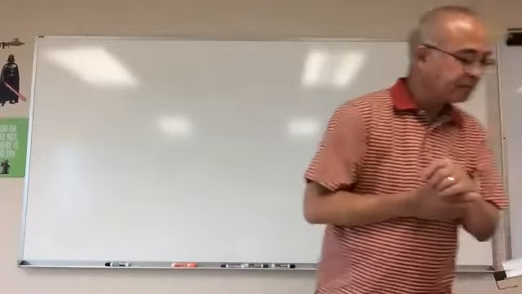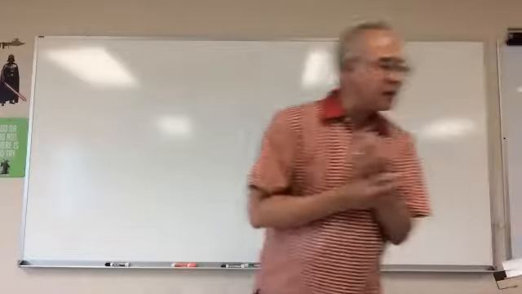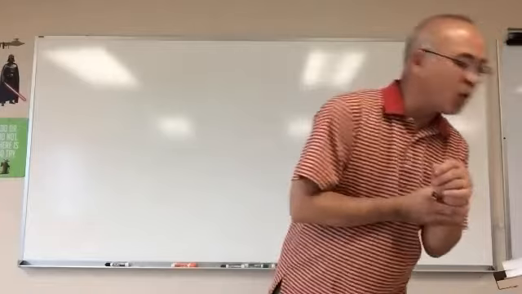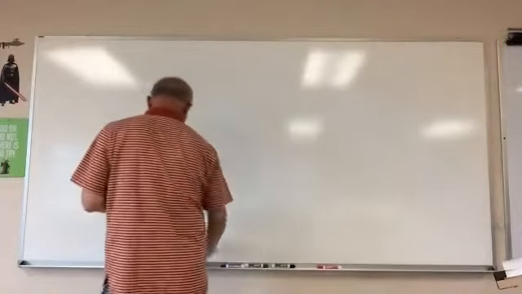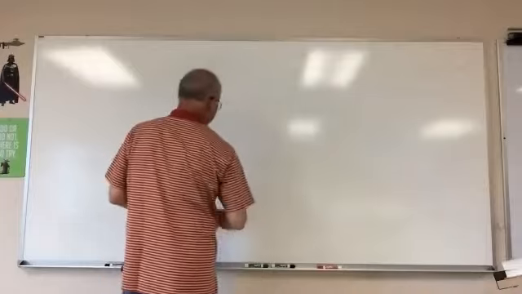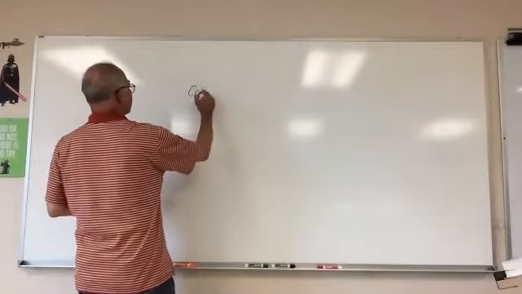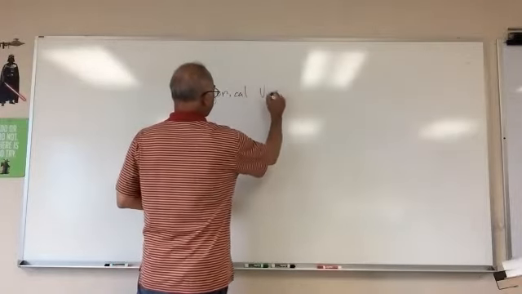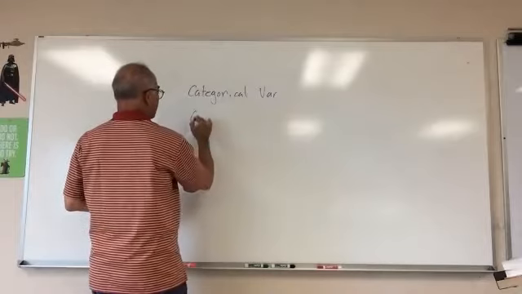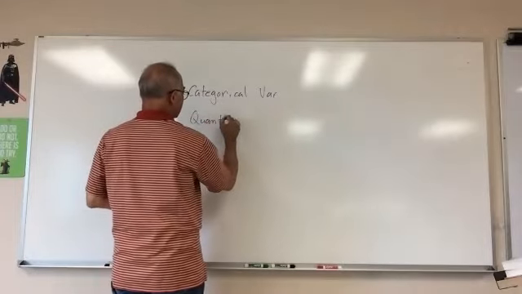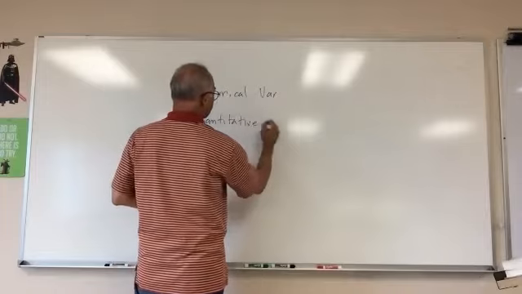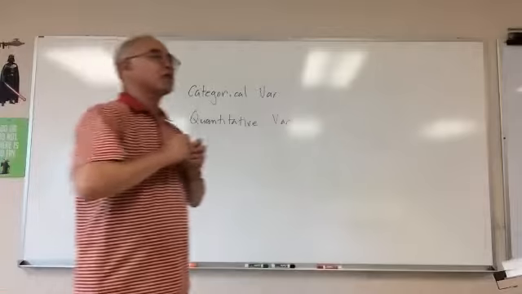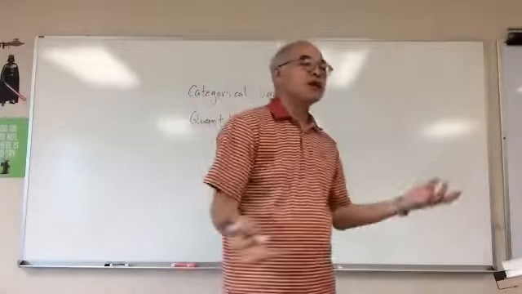Okay. In the middle of page 3, there's a green box that defines categorical variable and quantitative variable. This is a very important thing. The categorical variable is something like, what's the color of your hair?